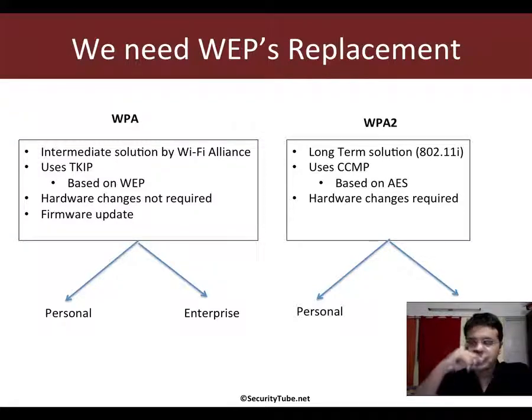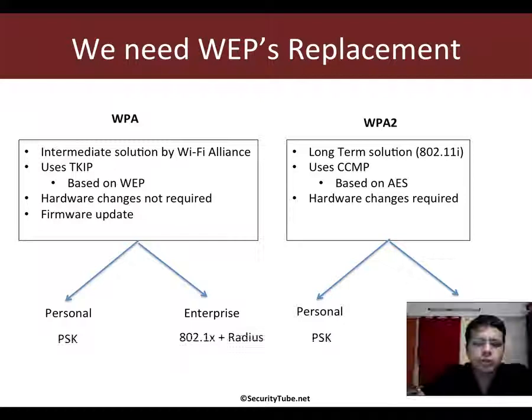One of the other things we discussed was that both WPA and WPA2 have a personal and an enterprise edition. The personal edition typically is WPA PSK, while the enterprise edition is the whole 802.1X and RADIUS server for authentication and encryption.